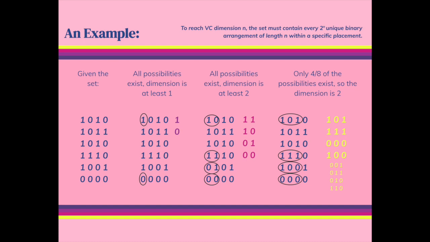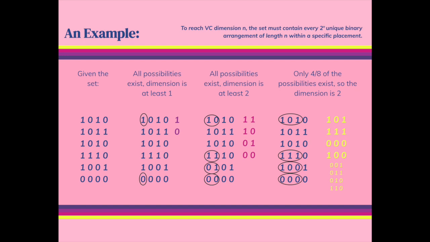Below, on the far left, we have a set of strings, outlined in blue. In the next graphic over, we see that both a 1 and a 0 are represented in the same column in the set. Thus, we say that the set has shattered dimension 1. In other words, it contains all 2 to the power of 1 possibilities.